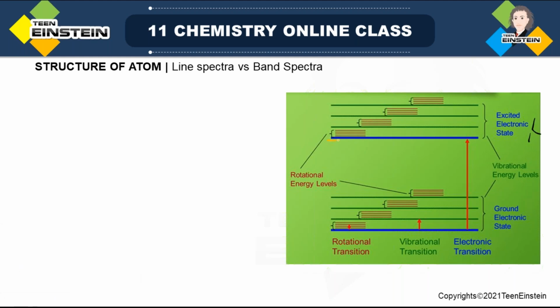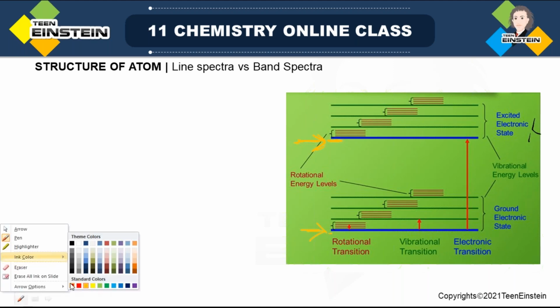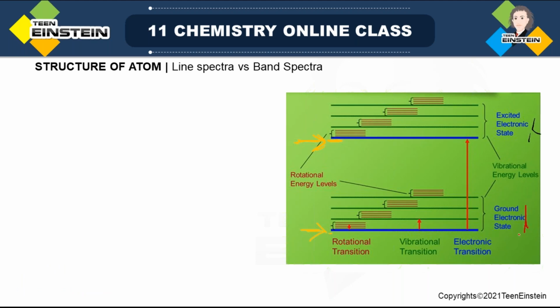So here if you just focus on this blue line, it is basically the excited electronic state. The lower one is the ground electronic state, and the upper blue line is the excited electronic state.